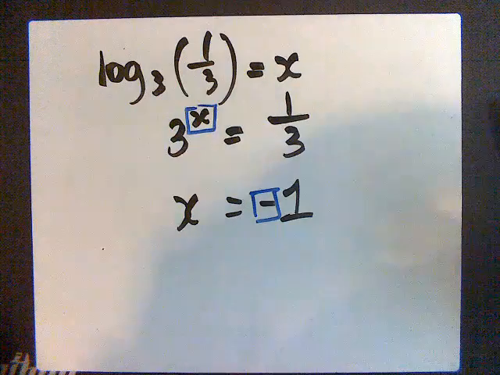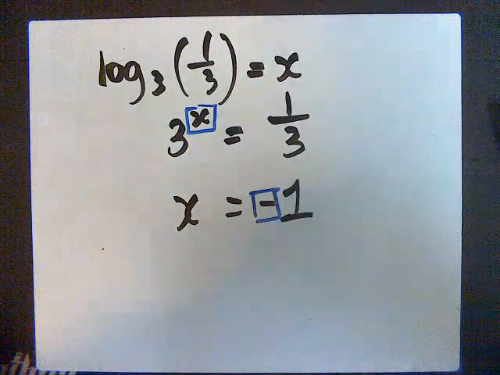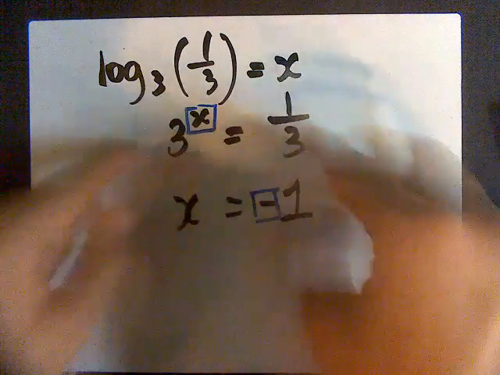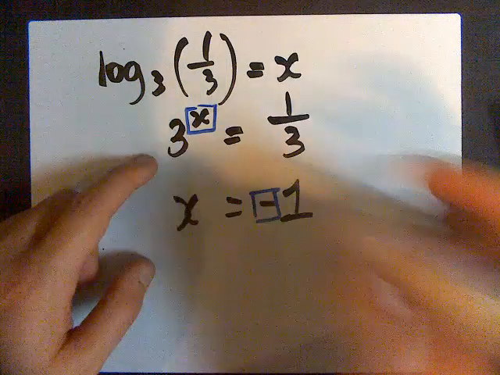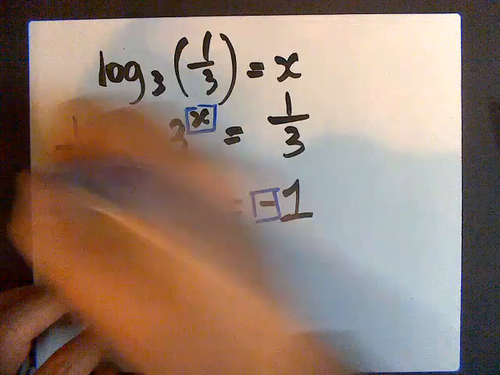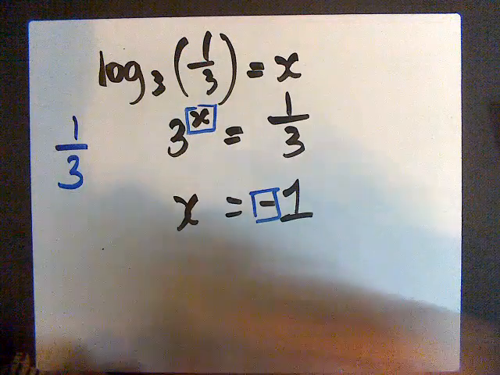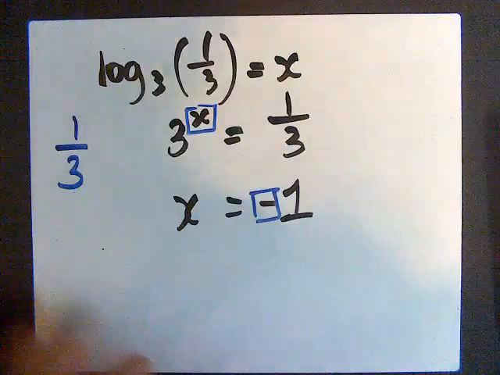It's tricky to think about, but essentially we need to create equivalence between these two things. So we essentially need to find a way to turn this 3 into 1 on 3. The only way to do that is take it to the power of -1, which is what we've done there.